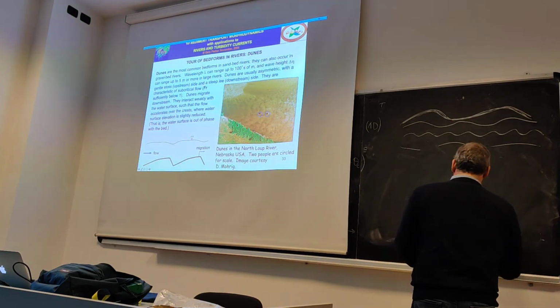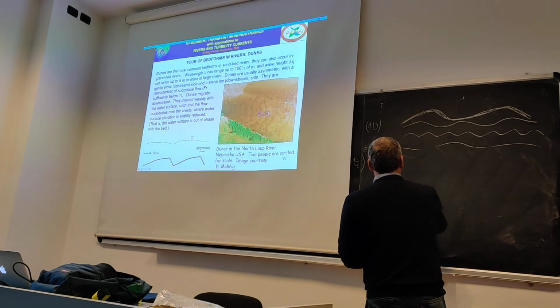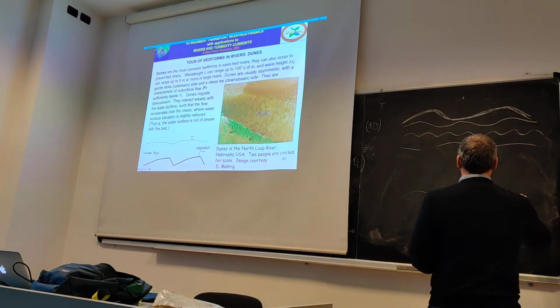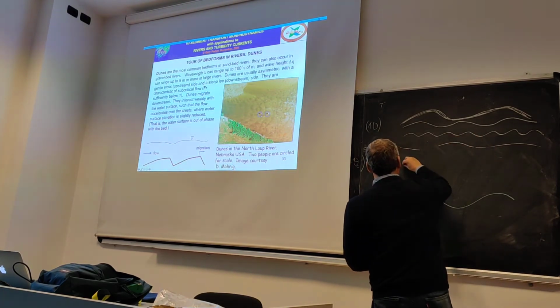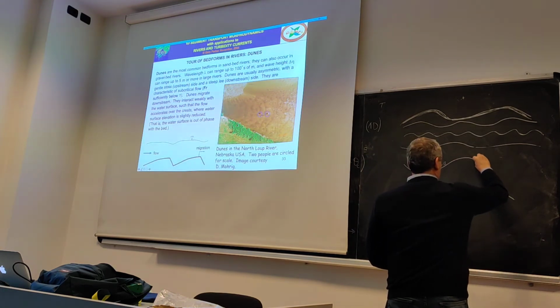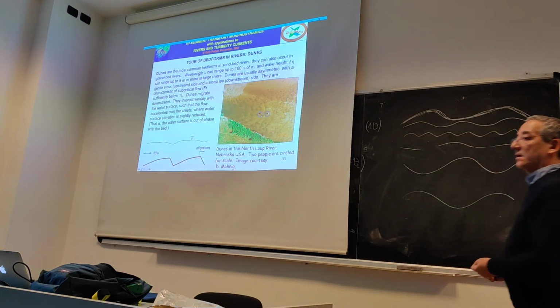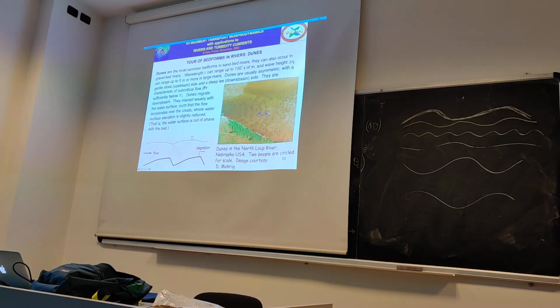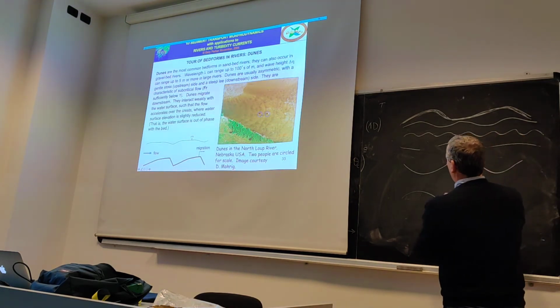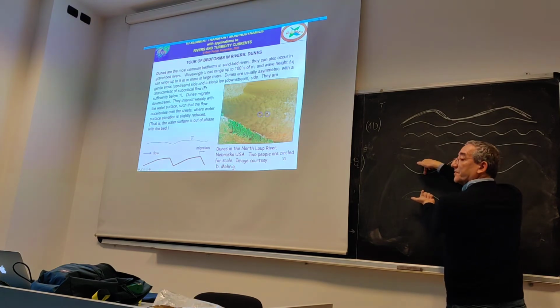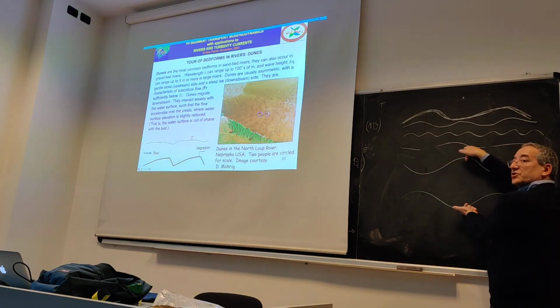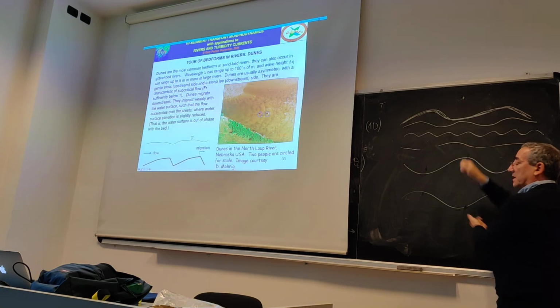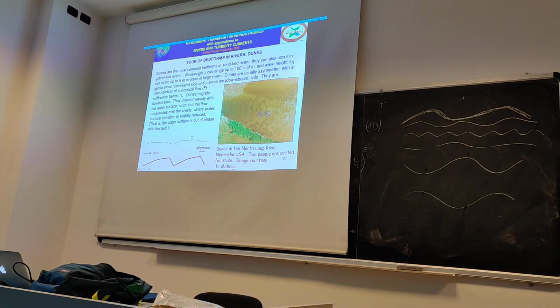If you are looking at a view, this is the bed, this is the free surface. They are in opposition of phase, almost. It's not exactly in opposition of phase. So you have a contraction on the crest and an expansion of the flow in the trough.